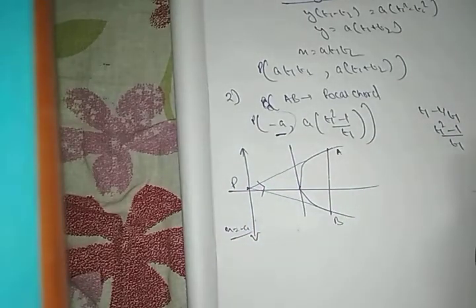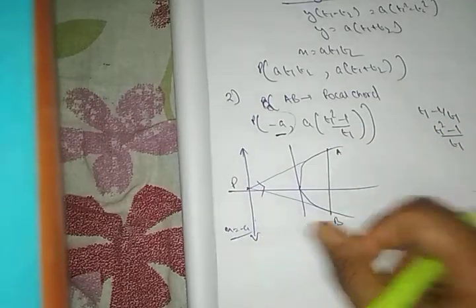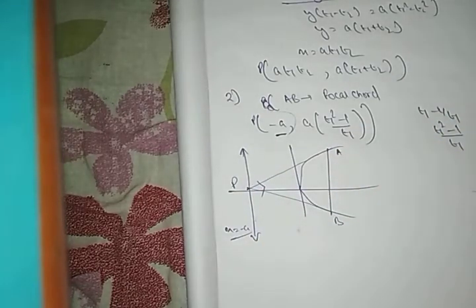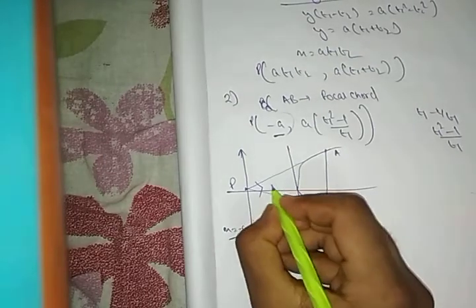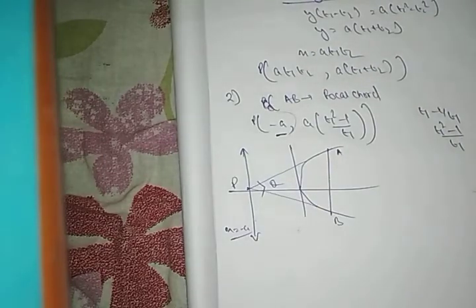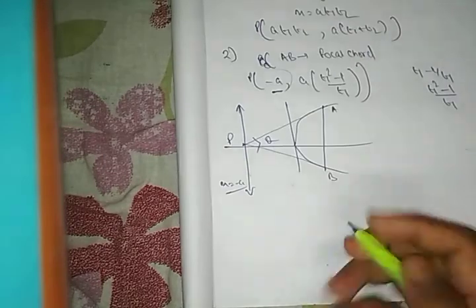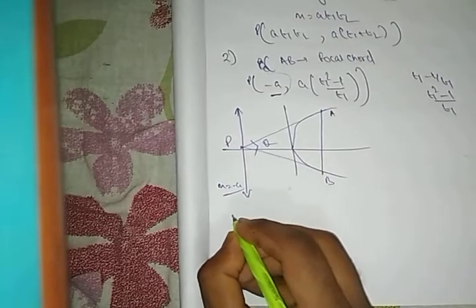How can you find it? Just multiply the slopes. The angle is actually not that important, it varies.